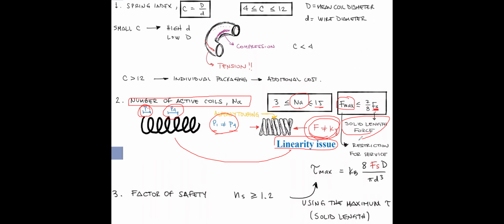So for the safety issue, the maximum force should be less than the solid length force, and we define it as 7/8 of the solid length force. It is the restriction for service.